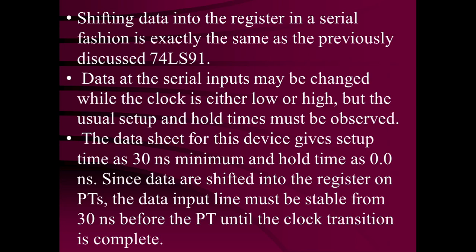That means when the clock pulse changes from low to high, at that time the data is entered into the shift register. So at least 30 nanoseconds before the positive transition of the clock pulse, the data has to be stable and unchanging. This is known as the setup time.